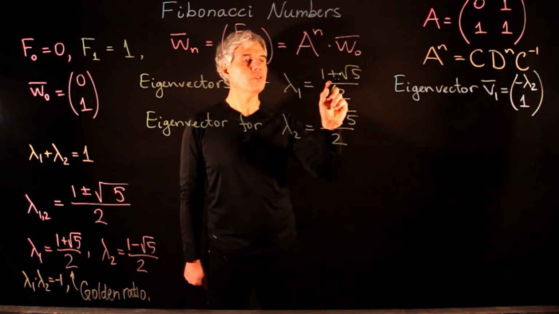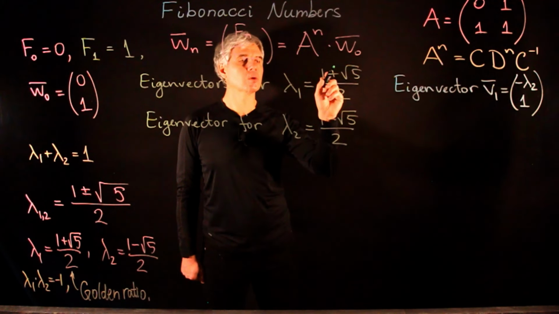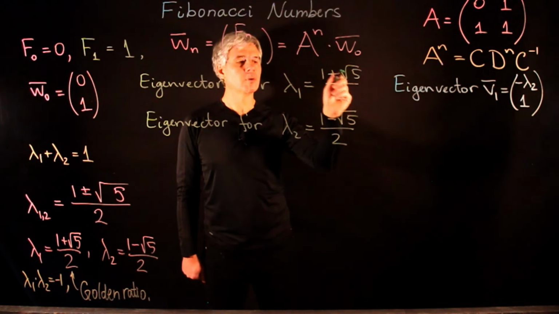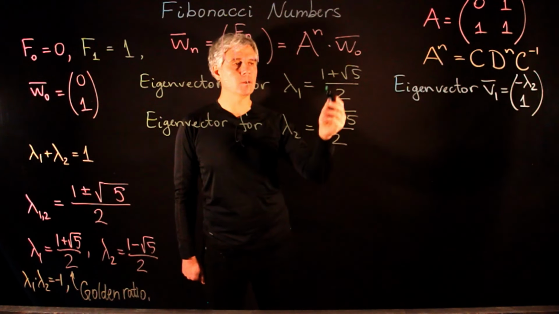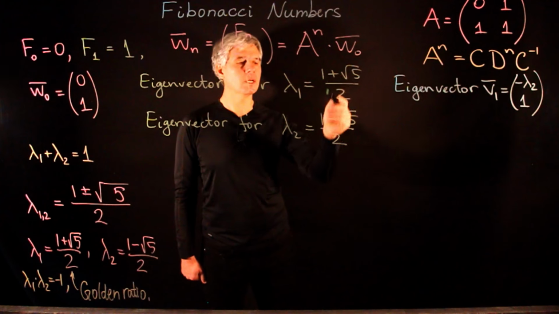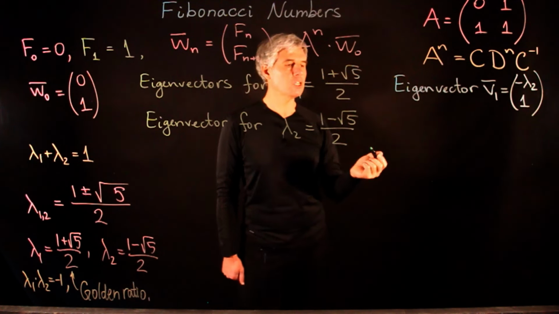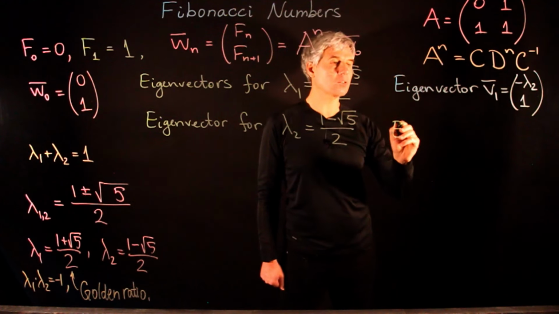If we change the sign at the square root of 5, one eigenvalue will turn into the other. By switching the sign of the square root, we go from one eigenvalue to the other. And the same procedure works for eigenvectors as well.